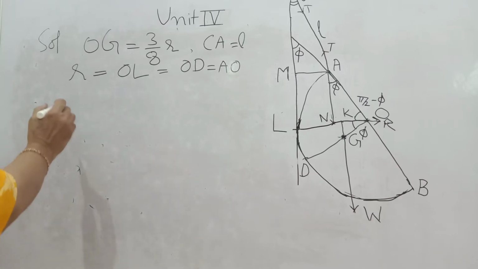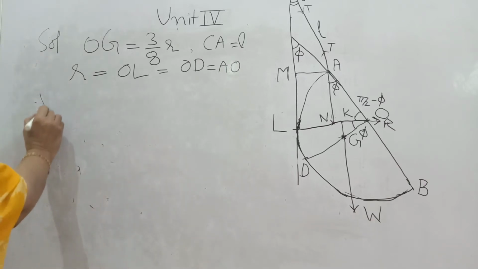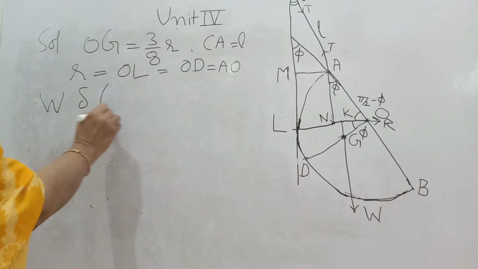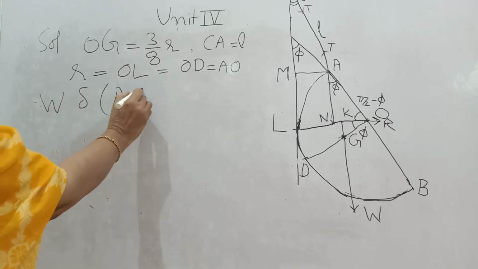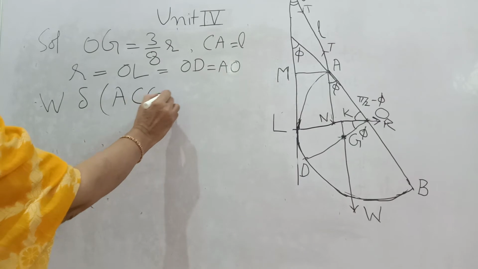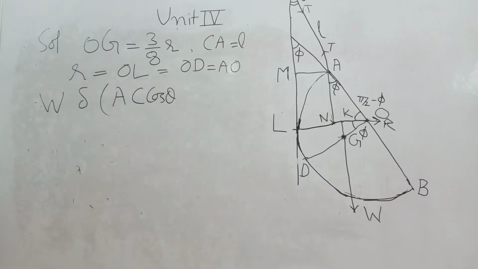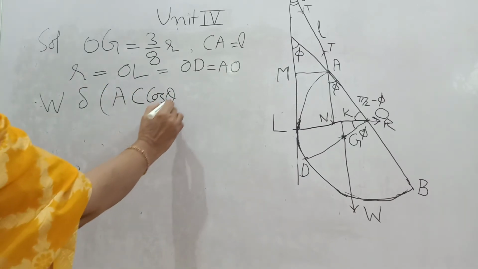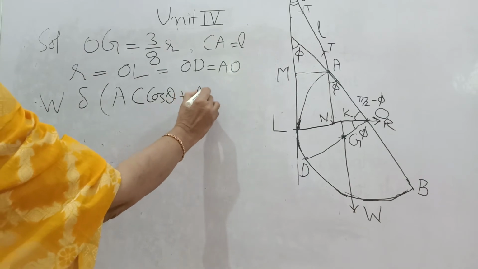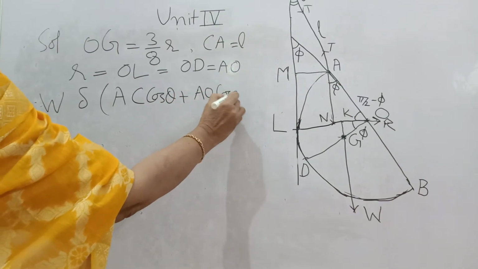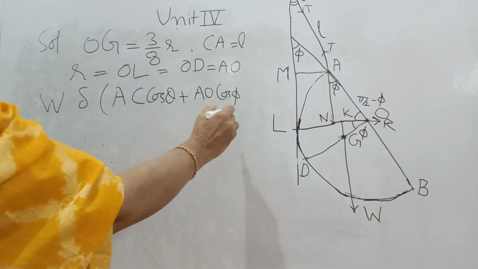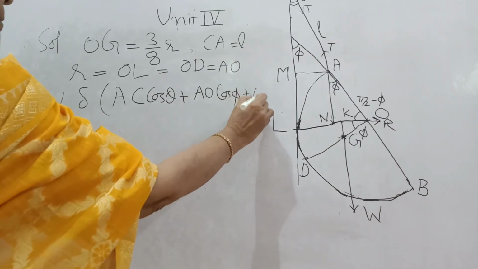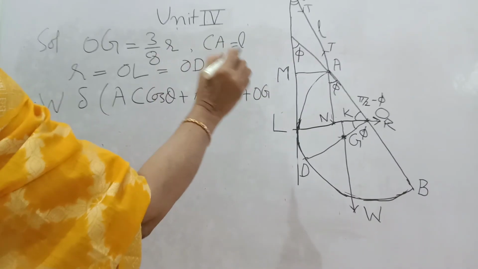So it will become W delta of AC cos theta plus AO cos phi plus OG sin phi.